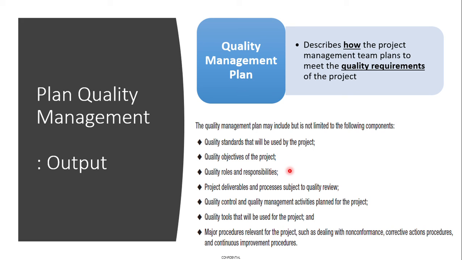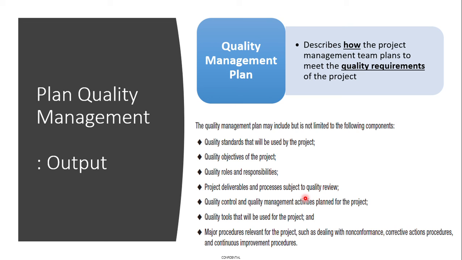And in this planning, you can identify who is responsible for maintaining quality, and which teams are responsible for maintaining what quality standard levels, and the quality review of project deliverables. Maybe not all your project deliverables are subject to quality. Maybe certain project deliverables should be subject to strict quality reviews.